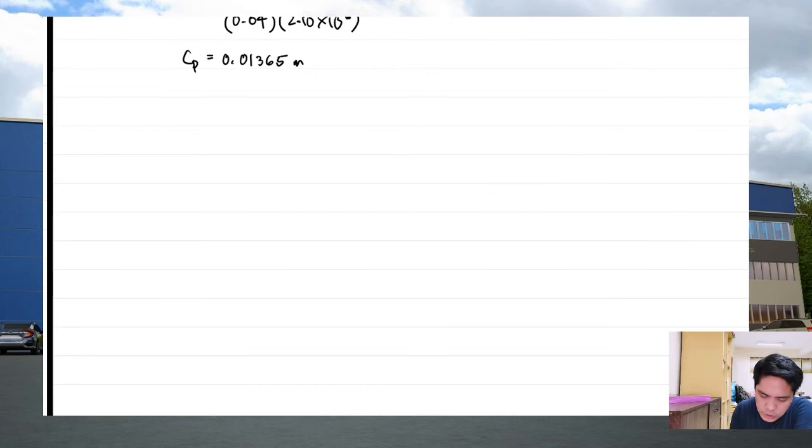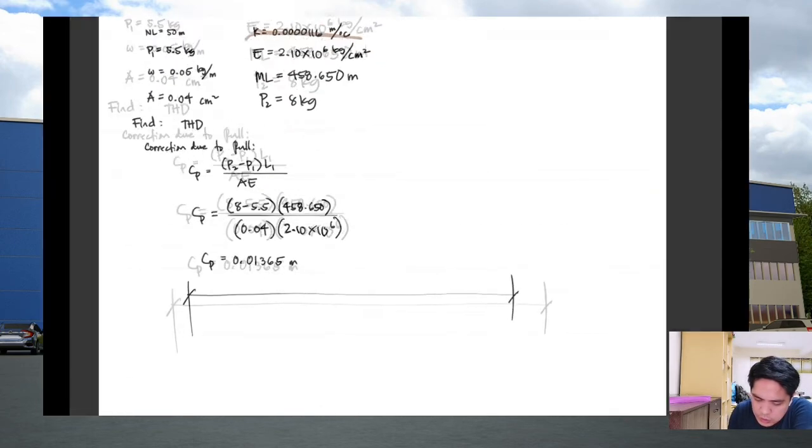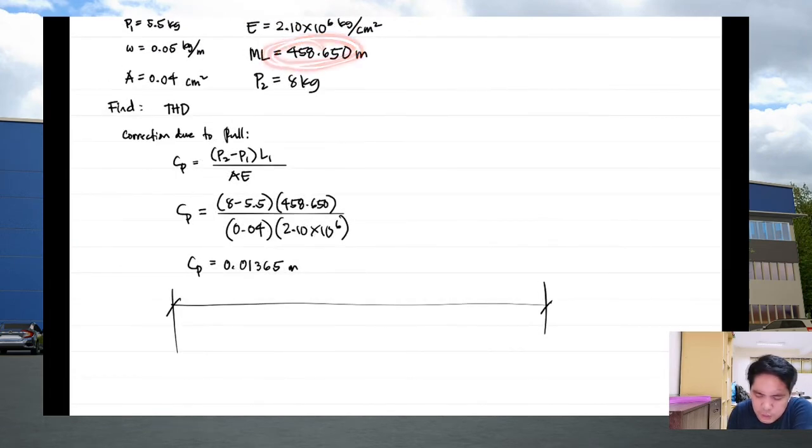So, for the correction due to sag, this time, it's 400. Sa whole 458 line, ilang beses tayong nag 50 meters? That would be 450 divided by 50 or 45 divided by 5. So, that's 9 times. Diba? So, 9 times tayong gumamit ng whole tape length.